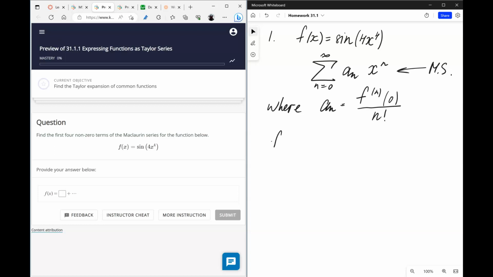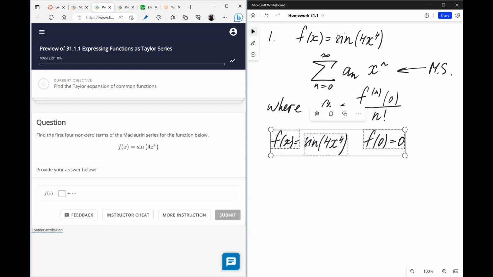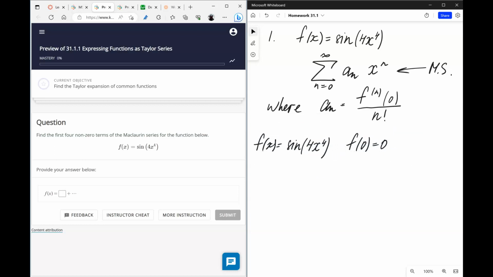We're going to start with the function, and we're going to evaluate this at 0, and conclude that A0 is f of 0 divided by 0 factorial. So it's just 0. Next, we're going to find the first derivative.